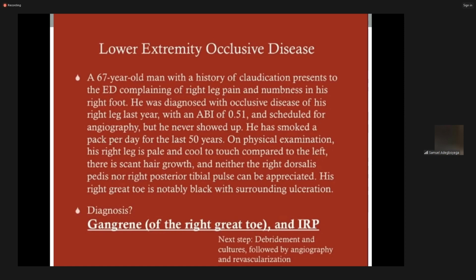might not be the gold standard, which is arterial duplex. If they say, what would be the best test for this patient, then you say arterial duplex study, with a normal ABI or whatever.